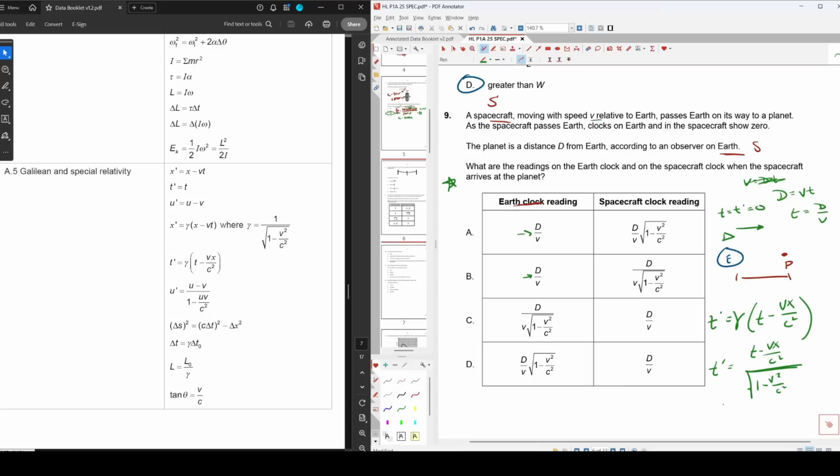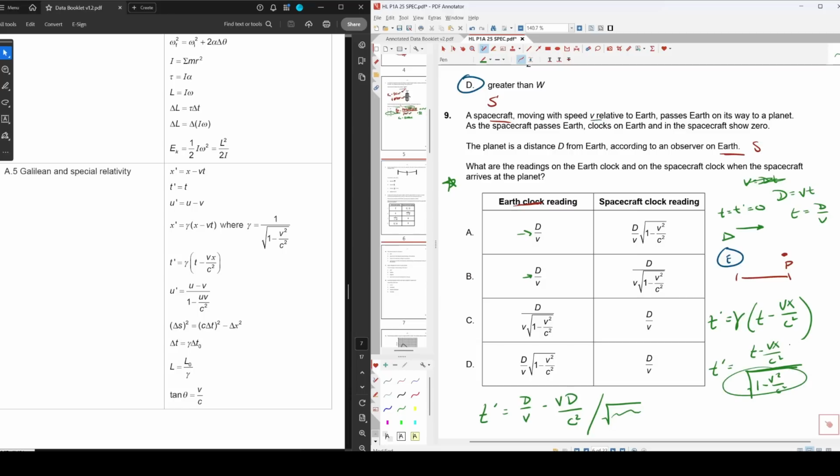Let's see what happens. t prime is going to be t, which I know is d over v, the time according to the person on Earth, minus v times x, and x is the distance according to an Earth person, which is d, all over c squared, and all of that over the square root thing.